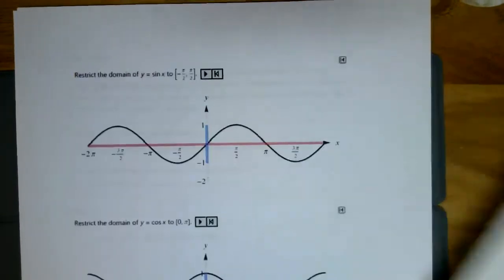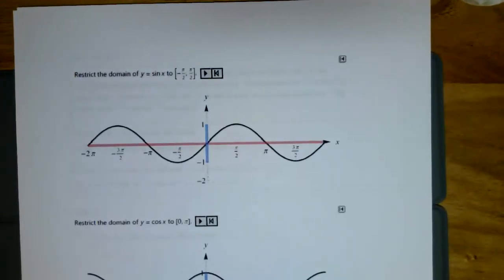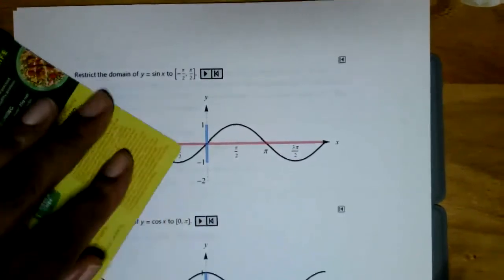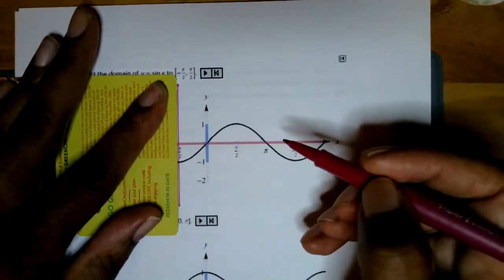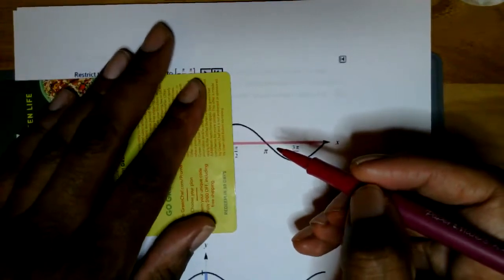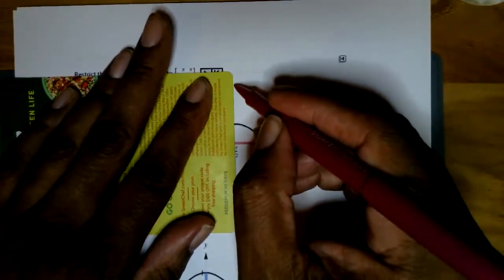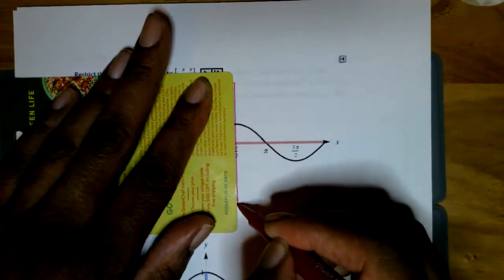Now, if you look on the next page, you'll see the graph of y equals sine of x. We'll start with that. If we were to restrict the domain of y equals sine of x to negative pi halves to positive pi halves, here's negative pi over 2 right here. Let's draw a vertical line there at negative pi halves, and at positive pi over 2, we draw another vertical line.